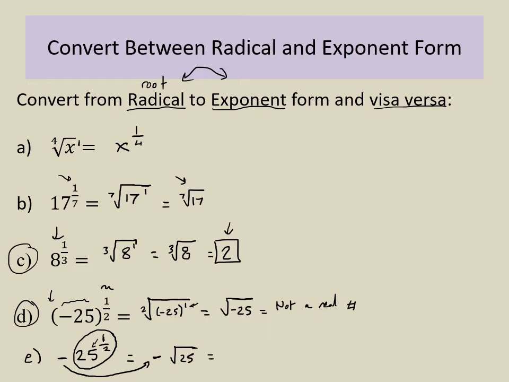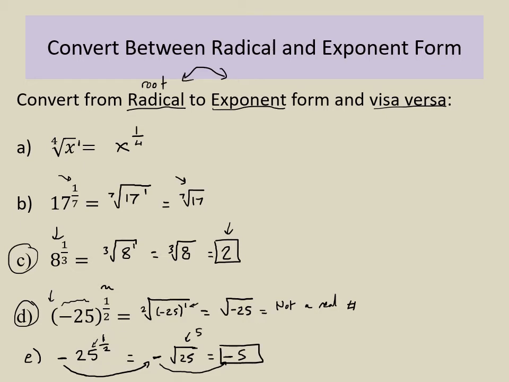Okay, well, this one is okay because we just have square root of 25. That's a positive number, right? What's the square root of 25? It's 5. So the negative is going to continue to come with us. That's going to be negative, and then square root of 25 is 5. So the answer here is -5.